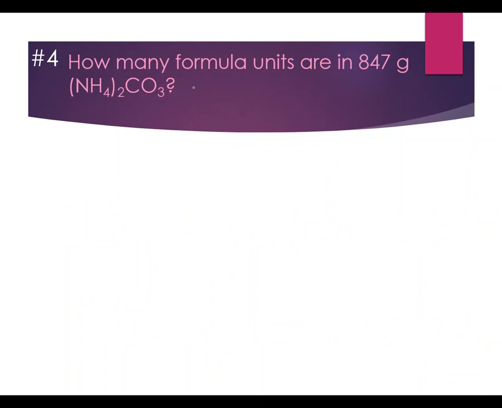All right, now, a little bit different here. We're looking at formula units and grams. 2 things here, formula units and grams. So I'm starting with my 847 grams of ammonium carbonate. Like so, ammonium carbonate. Now, from grams, where do I need to go? I can't go directly to formula units.